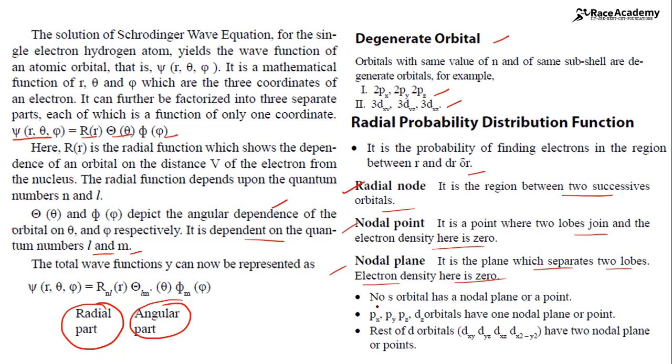So no s orbital has a nodal plane or point. But px, py, pz, dz square orbitals have nodal planes or points. The rest of the d orbitals, that is dxy, dyz, dzx, dx square minus y square, have two nodal planes.